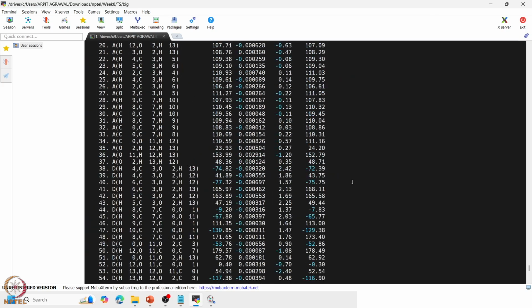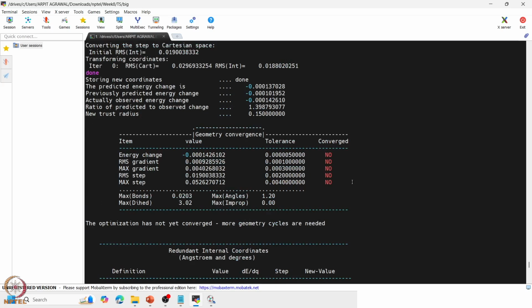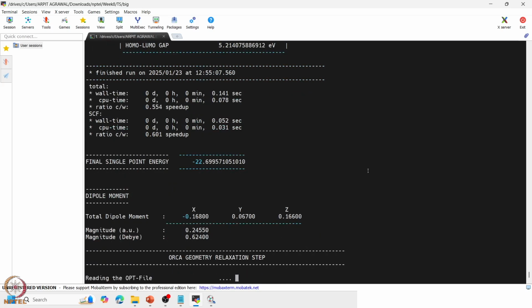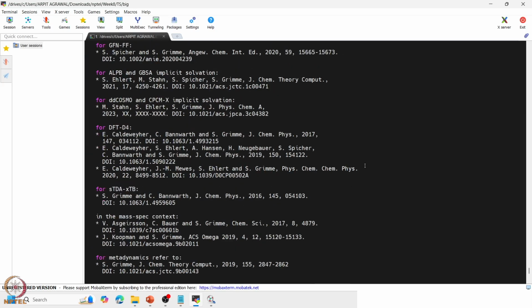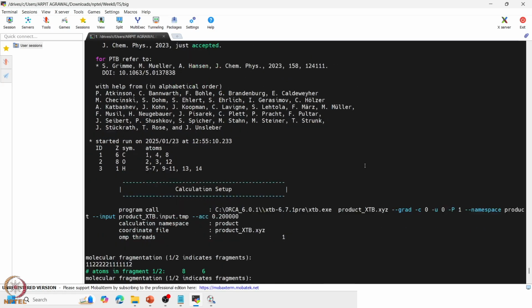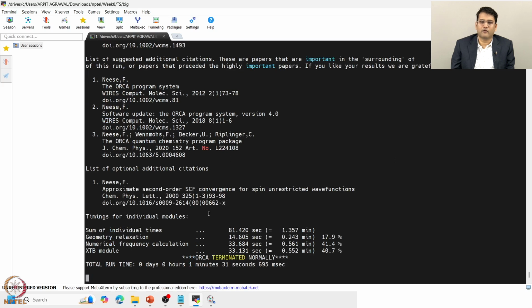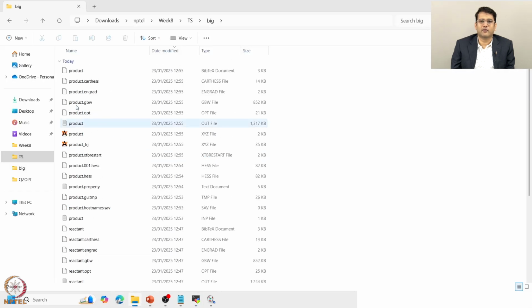Sometimes, if your structure is very far from the equilibrium, it's a good idea to recalculate the Hessian maybe after 15 or 20 steps. A 5-step Hessian calculation may not be a very good idea. So now finally it has been optimized. Let me go and see the product output file to make sure that we have everything correct.